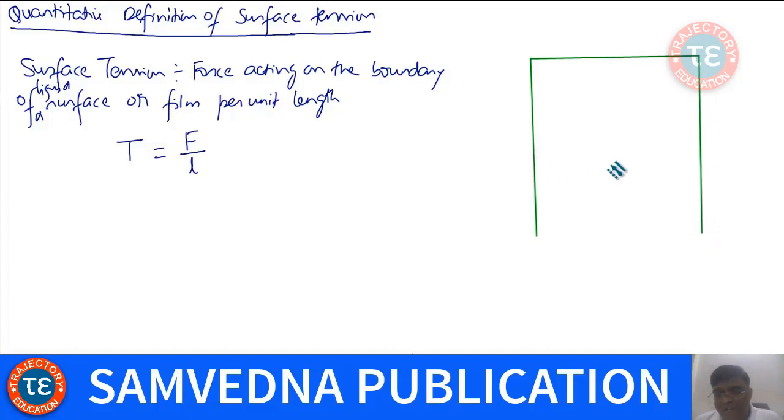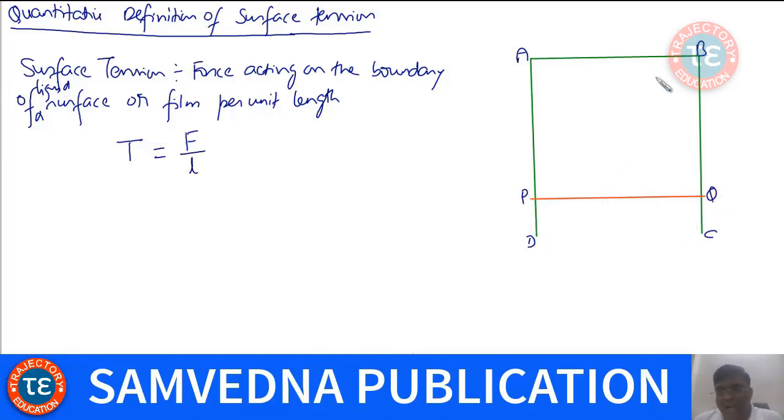This is a fixed one, and on this we have a slider. This is also a wire, but it can slide. AB, CD are fixed, but this PQ can slide.